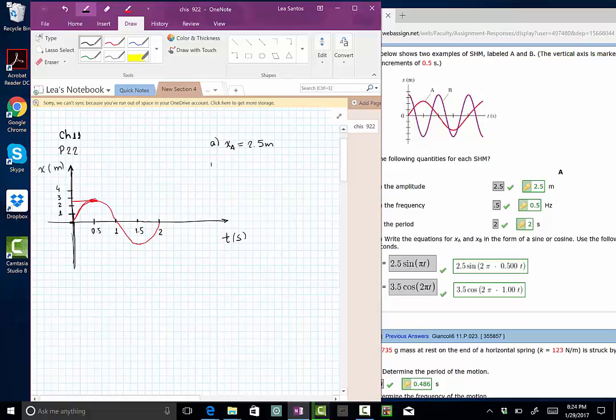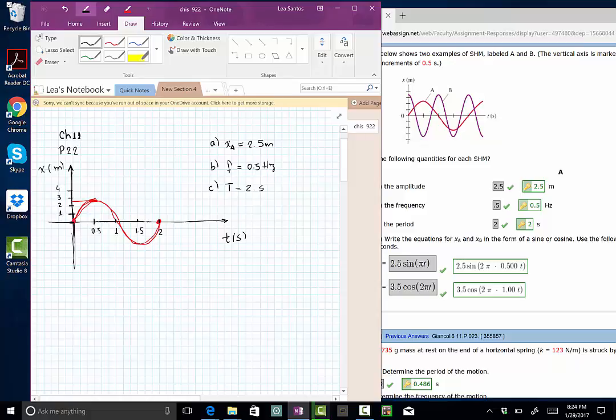It's easy to go straight to the period, because the period is the time to complete the cycle. The period is the time to start here at 0, go all around, and come back to that same point again. So you see that the period is 2 seconds, and the frequency is 1 over the period, so the frequency is 0.5 hertz.